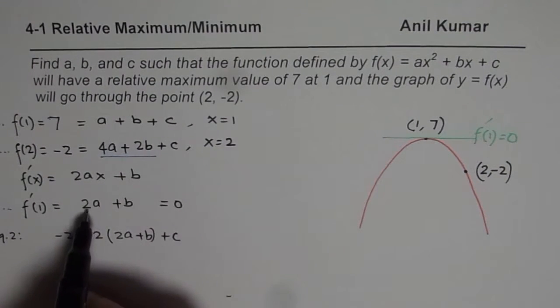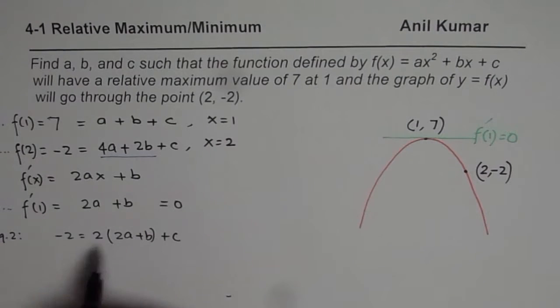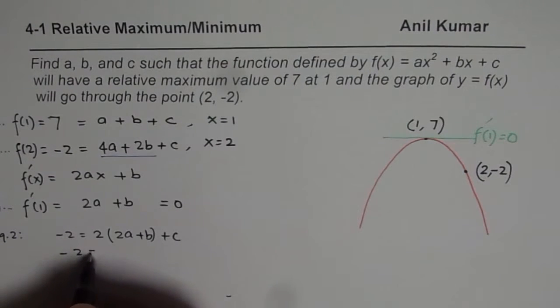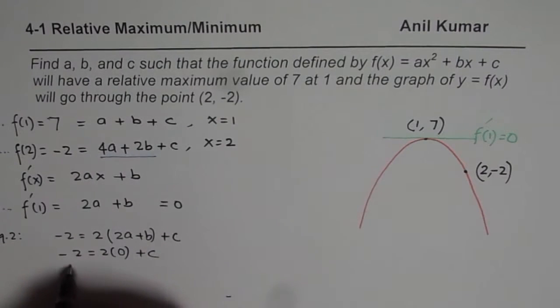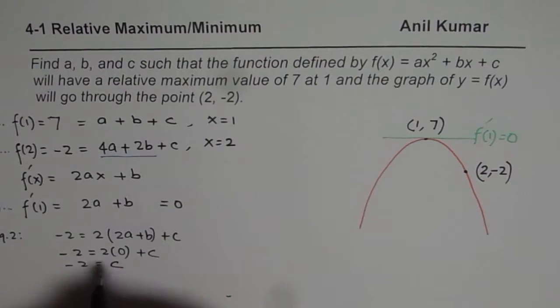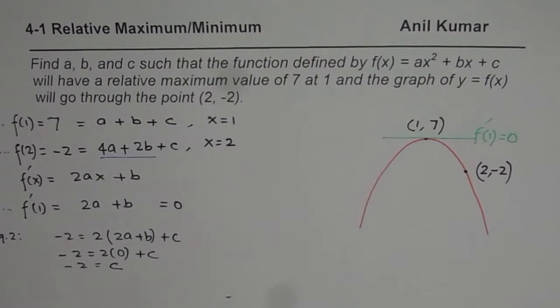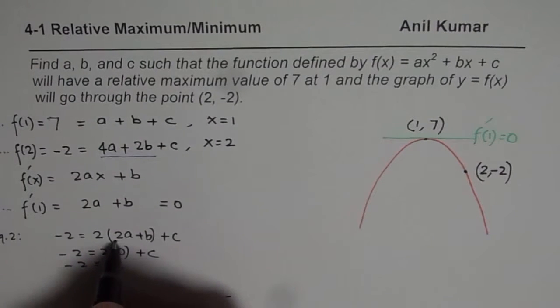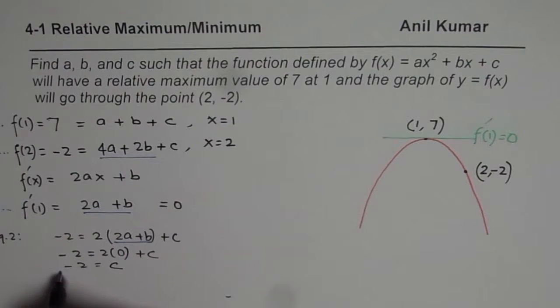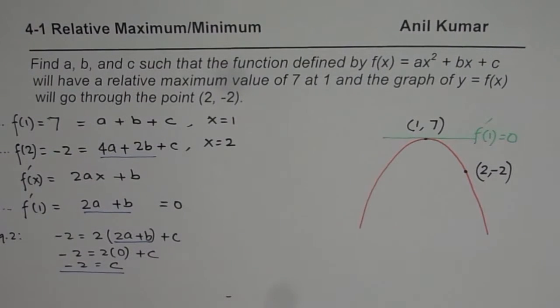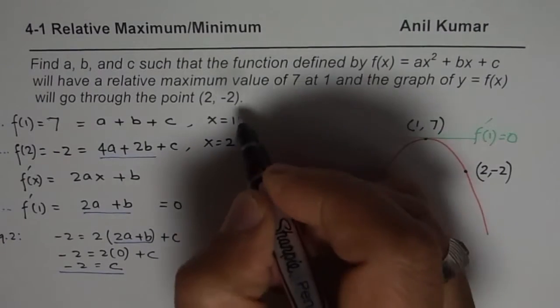Now we know 2a plus b is 0, so I'll substitute 0 here. So we get -2 equals 2 times 0 plus c, and that gives us -2 equals c. So that is a neat way of doing it. We factored out 2a plus b and found that c equals -2.